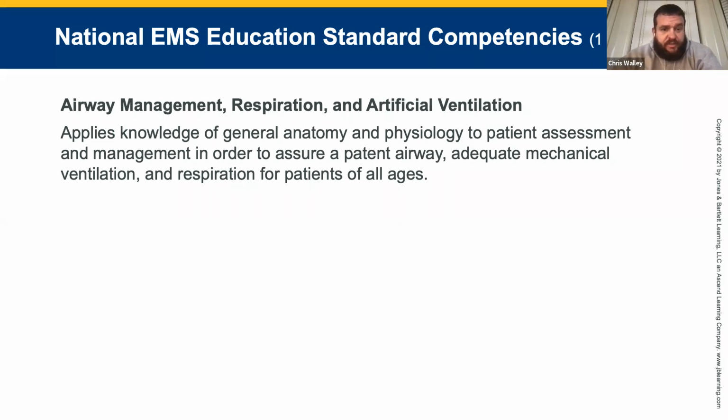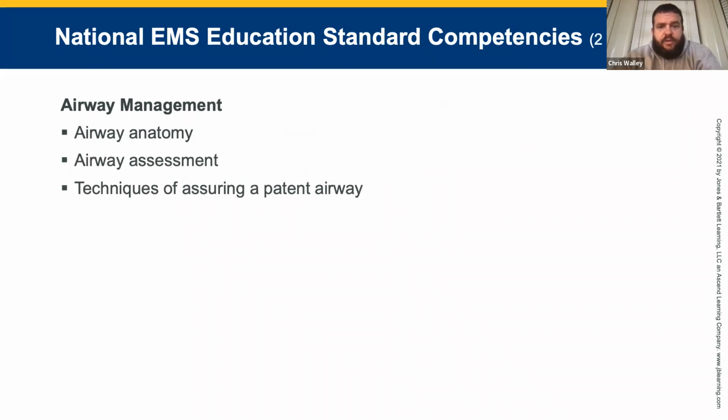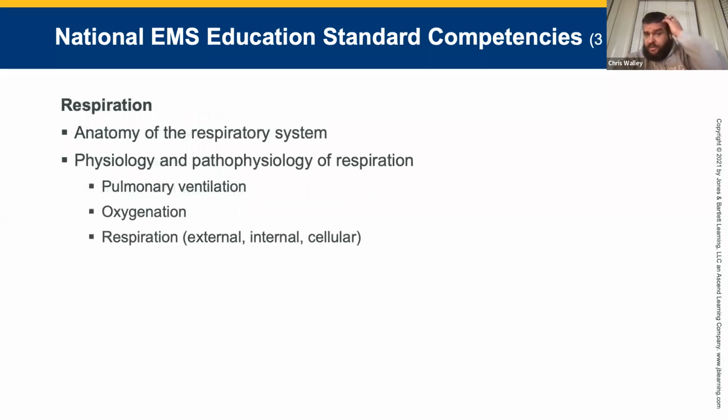Let me get through these and then I'll break it down a little easier. We're going to go over airway anatomy, how to assess it, and the techniques of assuring the airway. And then anatomy of the respirations; we'll talk about physiology and pathophysiology of respirations, with pulmonary ventilation, oxygenation, and respiration, including external, internal, and cellular respiration.